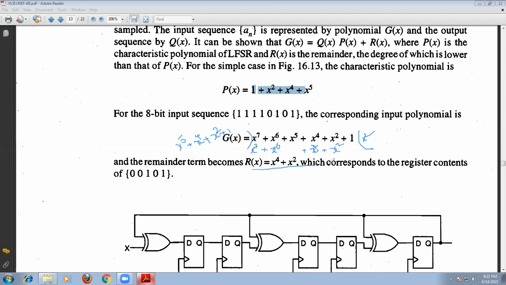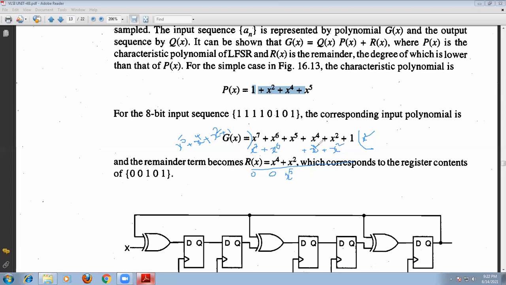and take the exclusive OR function of this. So what is the exclusive OR function? When the two inputs are equal, you get 0, and this is also 0. This is 0, this is 0, and this term is not there, meaning 0. Here 1 plus 0 is 1, that is x to the power 5.